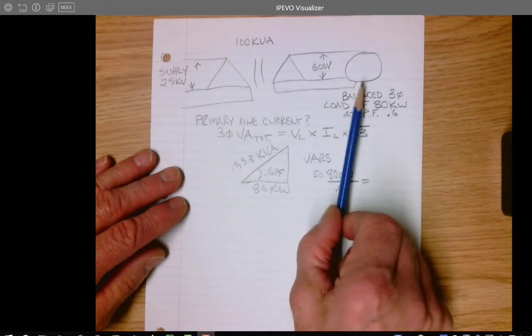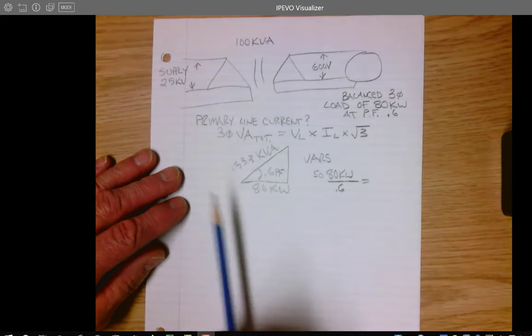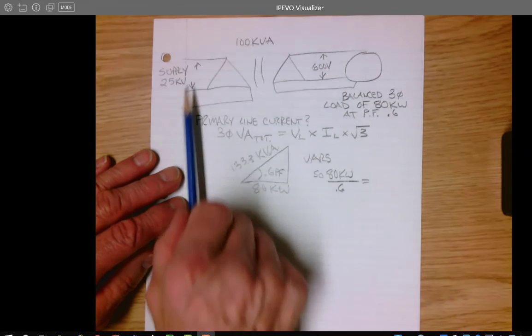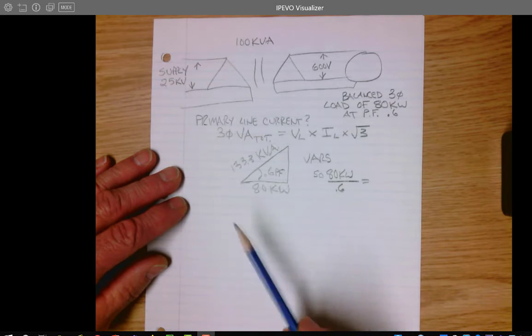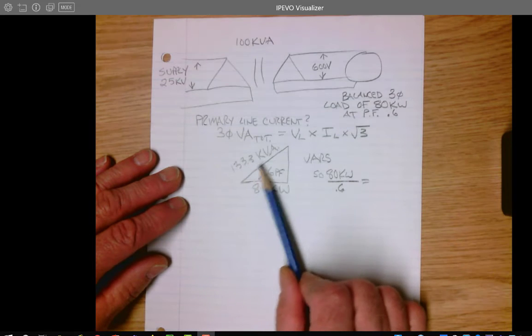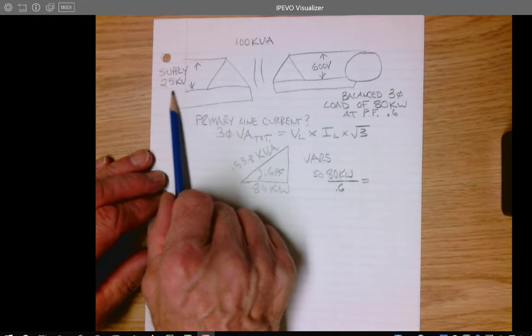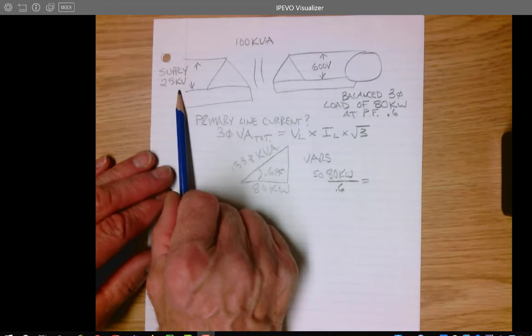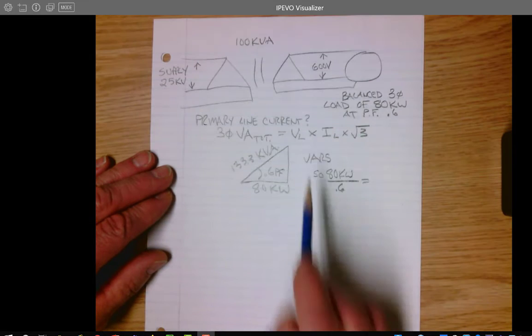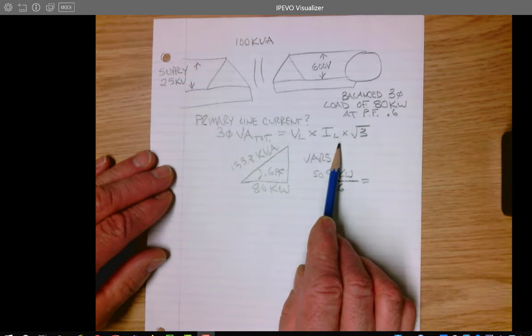Any load on our secondary is always reflected back onto the primary, and we can think of that load as being connected right to the primary. So I have a 133.3 kVA load. This 25 kilovolts is the line voltage on the primary. So our formula here is pretty easy to use now.